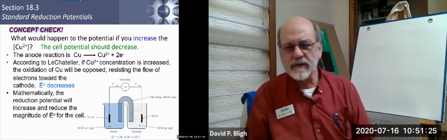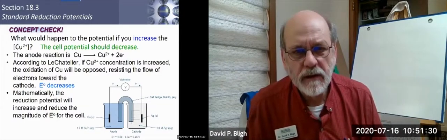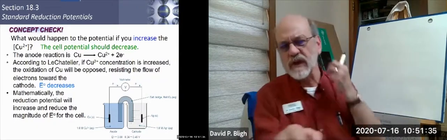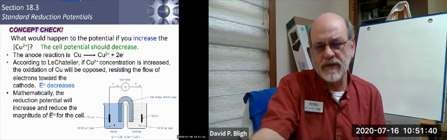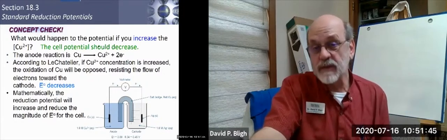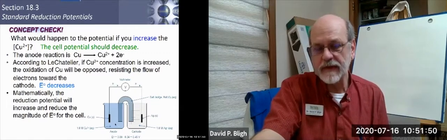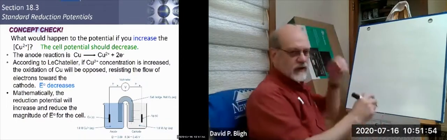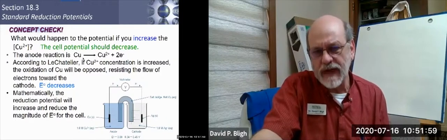So what would happen to the potential if you increase the copper concentration on this side? The short answer is the potential would decrease. So why is that? Well, here it is written. This is the reaction on the anode side.